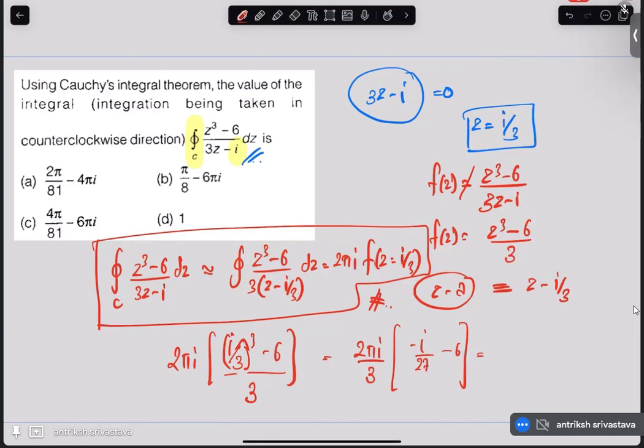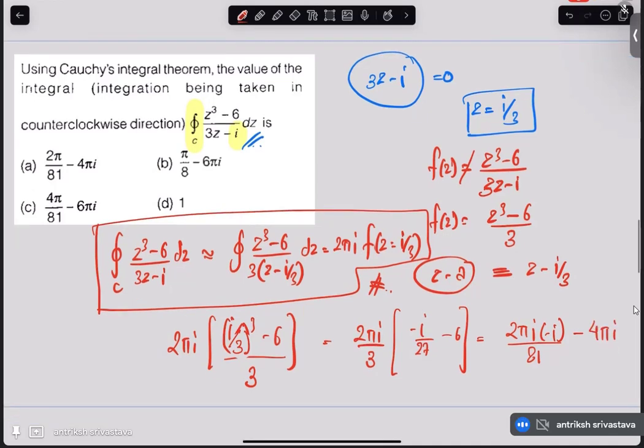Okay, so you are going to have 2 pi i into minus i divided by 3 into 27, that will be 81, minus 4 pi i.